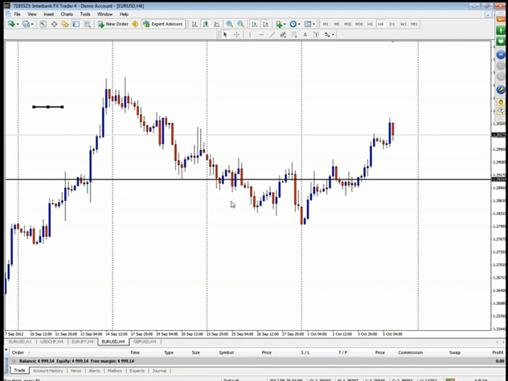So let's say you have a $10,000 account, your stop loss is 100 pips, your take profit is 100 pips, and you don't want to risk more than 10%, which would be $1,000. So you're going to be risking $1,000 on the trade, or no, hold on, 5%. No, that's $500. Sorry, I got that wrong.